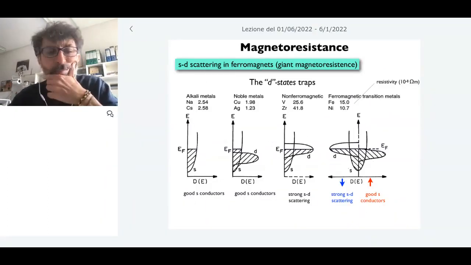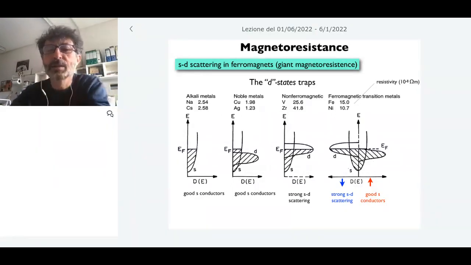Now, let's make a step beyond in a certain sense, because as we noticed, we cannot apply ideas of electrical conductivity that we use for metals also to ferromagnets, because we discovered that we got the opposite effect.